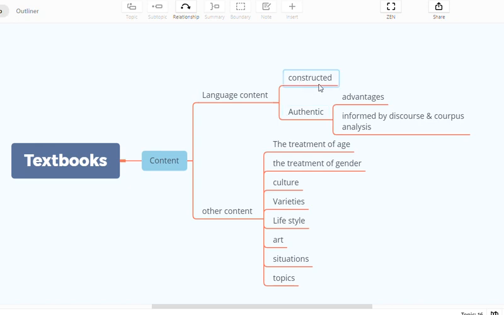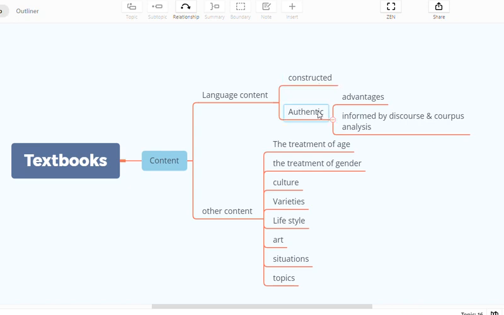Constructed means that they have been written by the intuition of the teachers. For example, a dialogue has been developed and written by the teacher. So these dialogues are not actual dialogues. They are not actually used in natural language context. They are not in real life, not based on real life interaction.